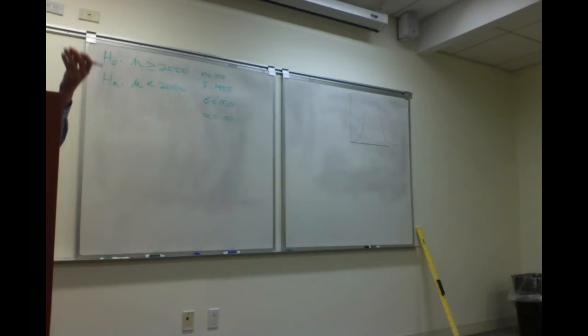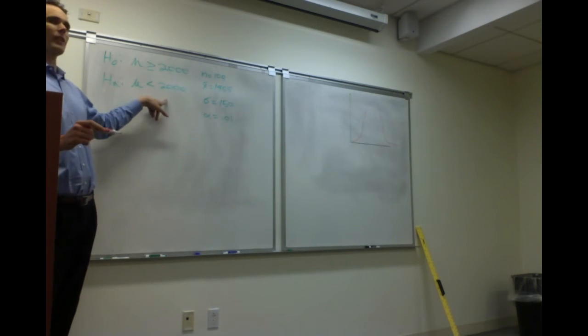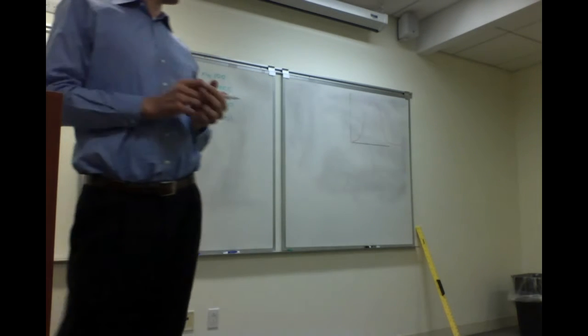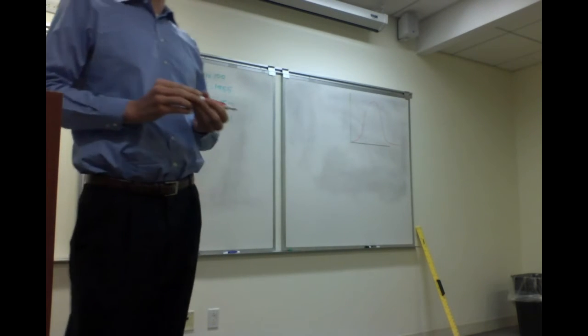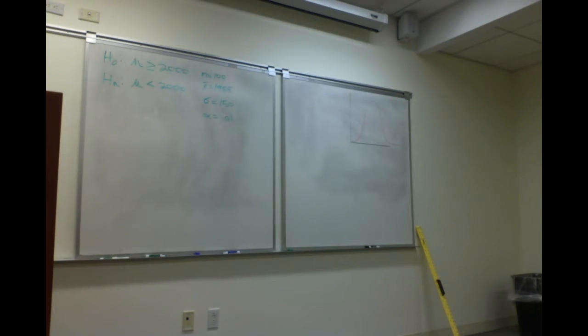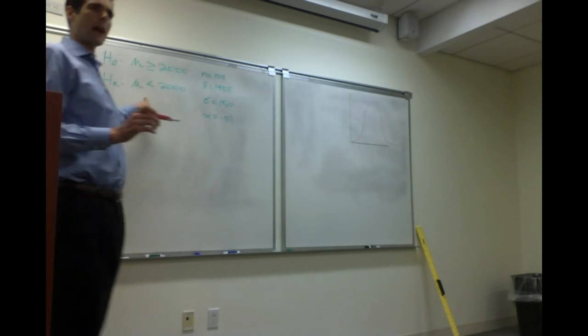All right, let's go ahead and come back together. In this problem, we've set up an alternative hypothesis that the mean is less than 2,000. Maybe we're testing how many miles a tire will last, and we have a concern that maybe they won't last the full 2,000 that our supplier says they'll last.